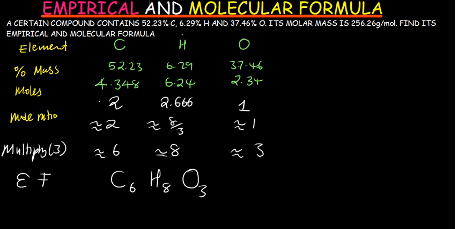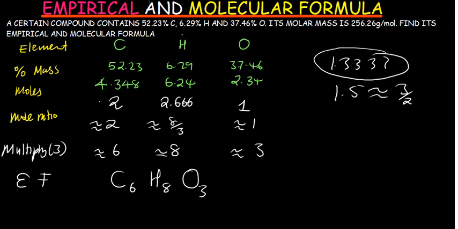Special cases such as 1.3333, 1.25, these numbers that you can round. Is it 1.25 or 1.5? 1.5 is the same as 3 over 2. These are cases which you can express as a fraction. Don't round off. Even 1.33, you can express it. Don't round off.